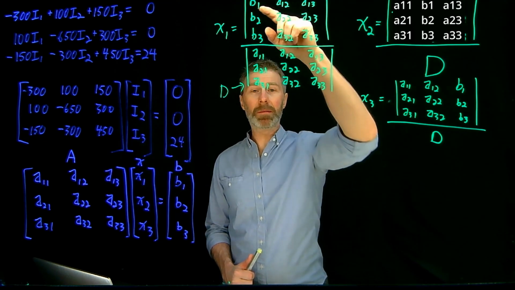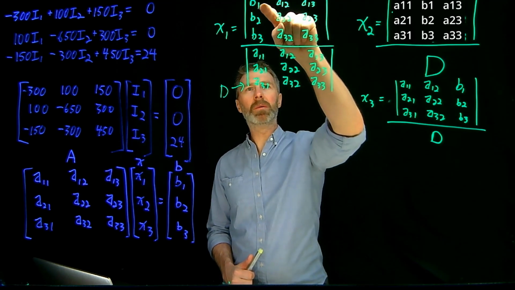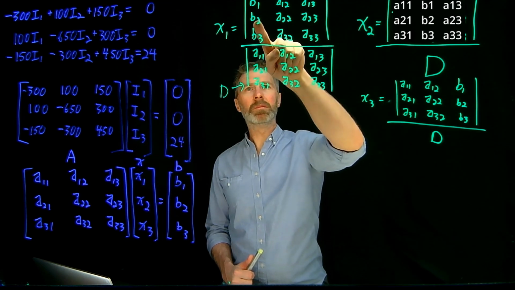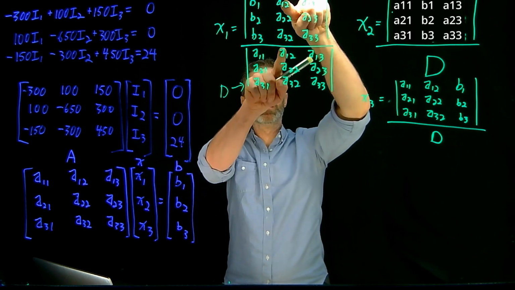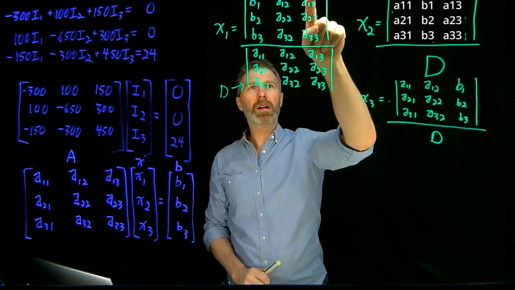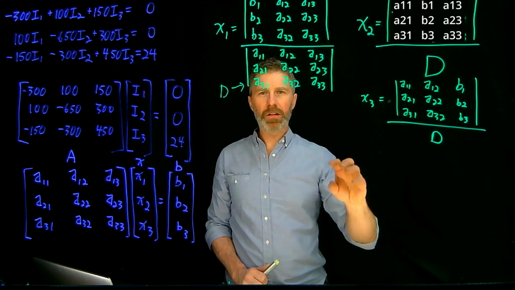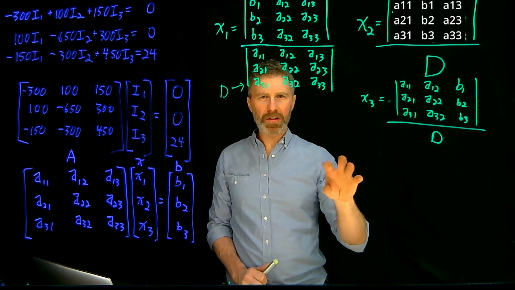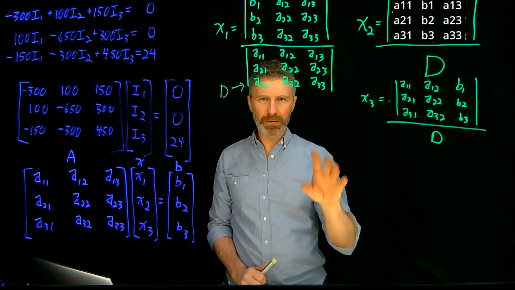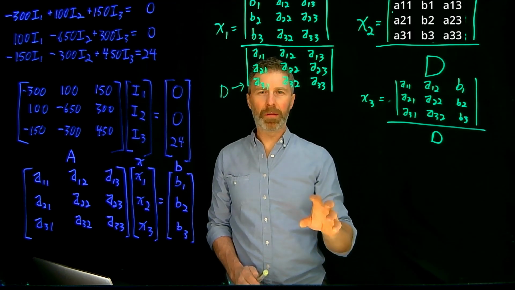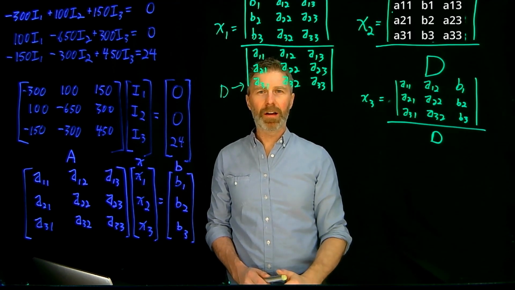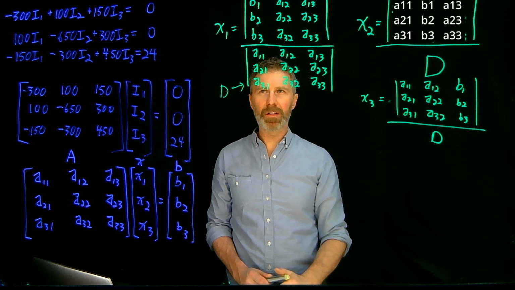So I take B by the determinant of its minor. So I'm going to take B1 times the determinant of this, B2 times the determinant of this, and then B3 times the determinant of that. Take those values, add them up, and those values can be positive or negative depending, and we'll see in a sec whether each one of those values is positive or negative. And then that will give you the determinant.